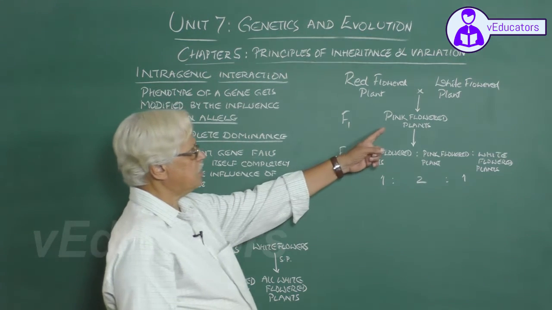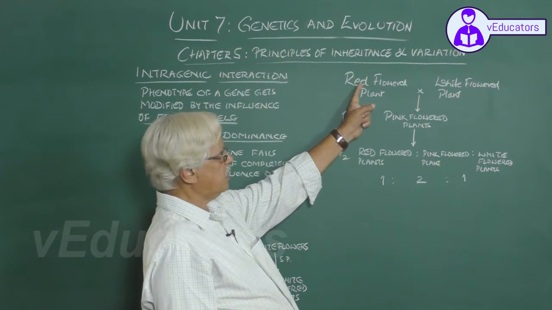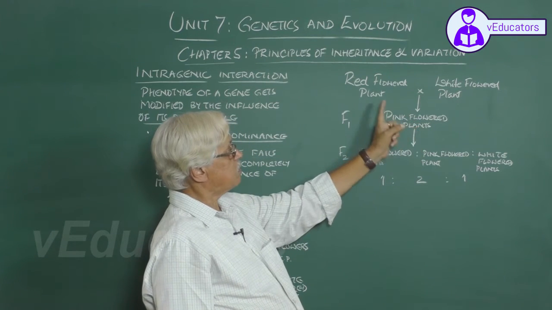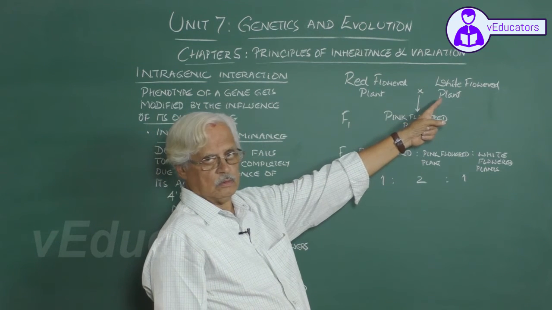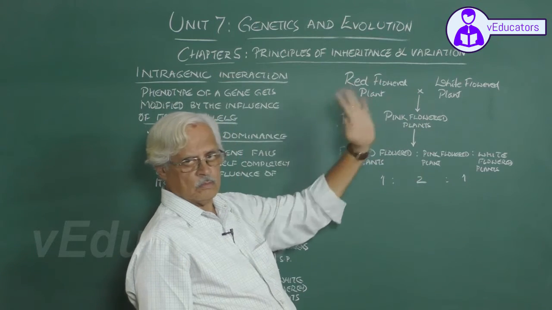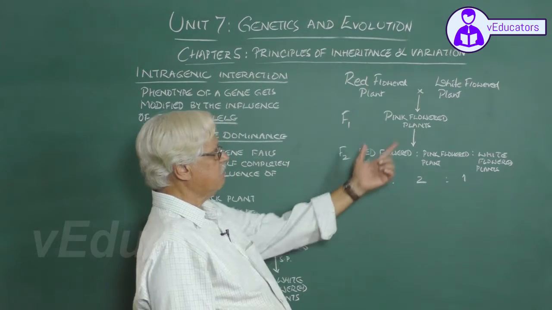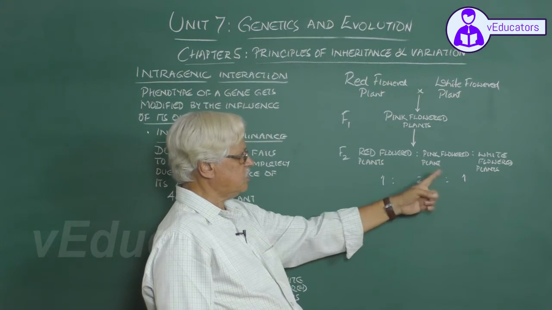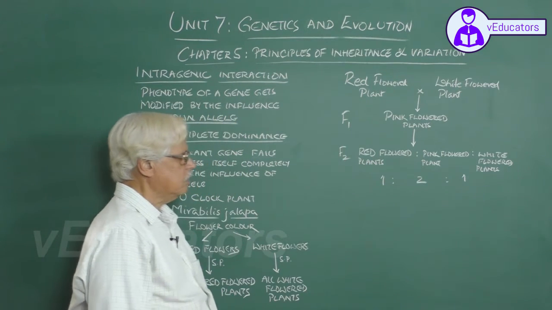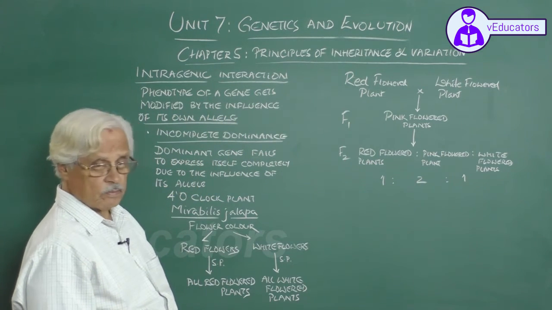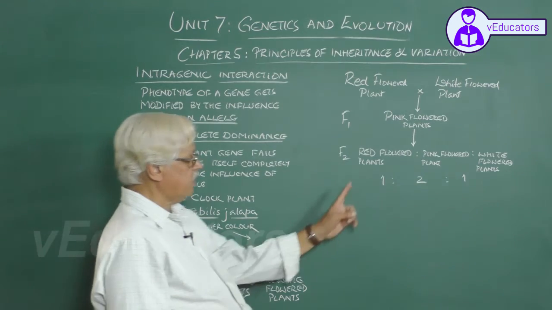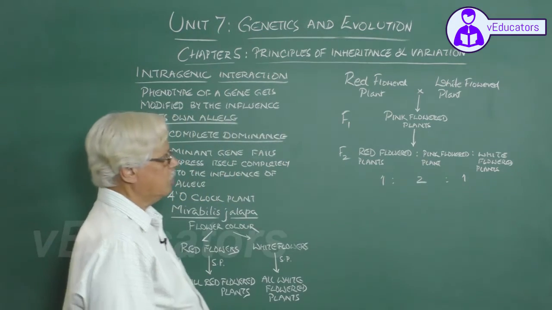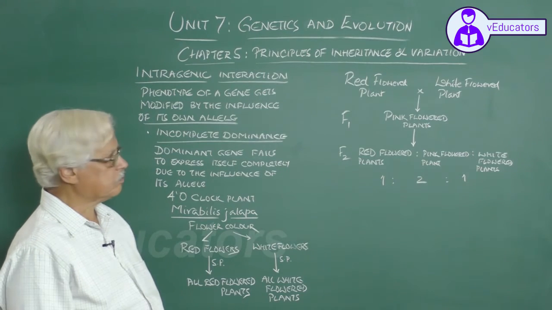So in the F1 generation, neither red completely appeared nor white completely appeared. So the expression of one gene was influenced by the other allele. So pink flowered plants were produced.